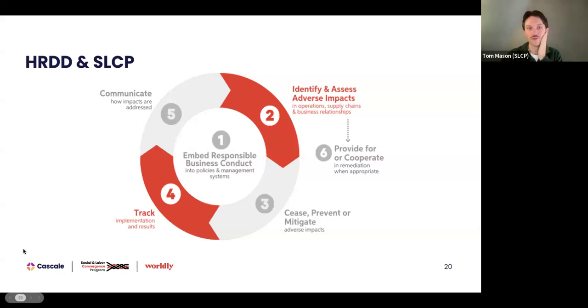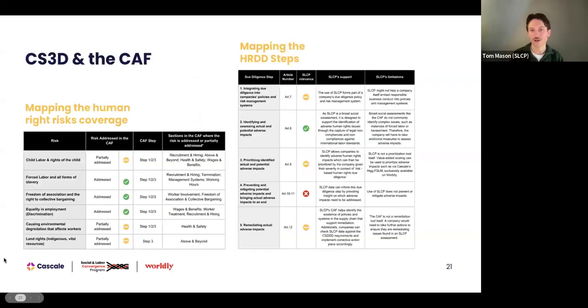But what we've done within the HRDD toolkit on the next slide is we've gone into more detail around this specific mapping. So if you're a brand complying, this could be useful in the context of understanding how SLCP can support with CSDDD as an example.